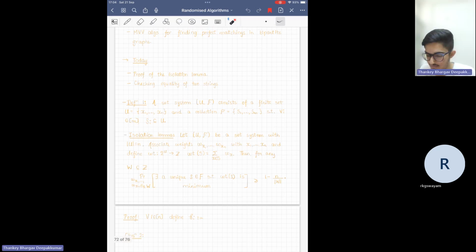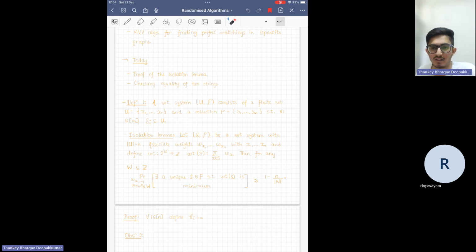The lemma says that if U comma F is a set system with size of U equals n, and we associate weights w(x1) to w(xn) with the elements x1 to xn, and define the weight function from 2 to the U to Z. So the weight function is defined for every element of 2 to the U, that is for every element of the power set.